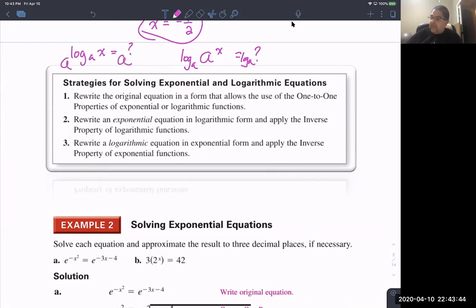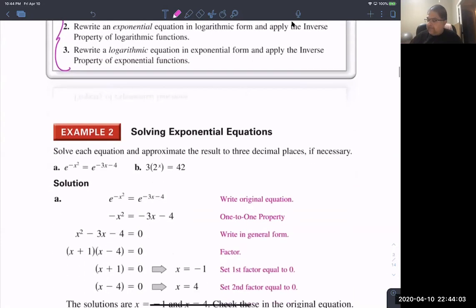And these are strategies that you will use once the exponential or logarithm is by itself. So first you have to simplify. That means isolate. You have to get rid of whatever is around the exponential or logarithm portion of the equation. Now I know all this seems like a lot to digest at one shot, but we're going to do a couple of example problems and it's going to make sense.